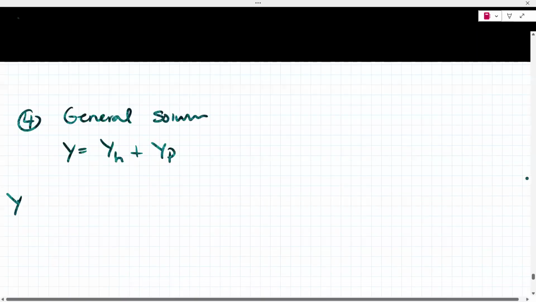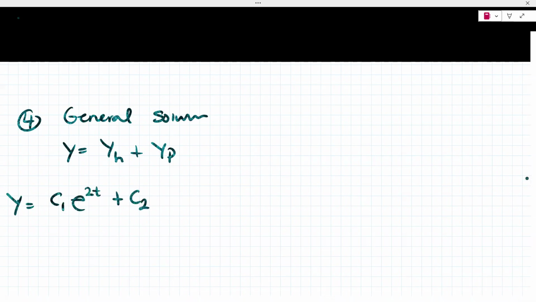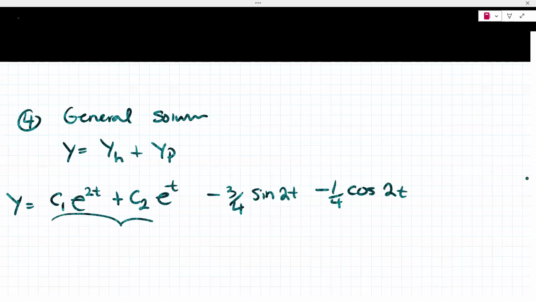So my yh is c1 e to the 2t plus c2 e to the t, and then my yp is negative 3/4 sine of 2t and then negative 1/4 cosine of 2t, right? This is your yh, and then this is your yp.